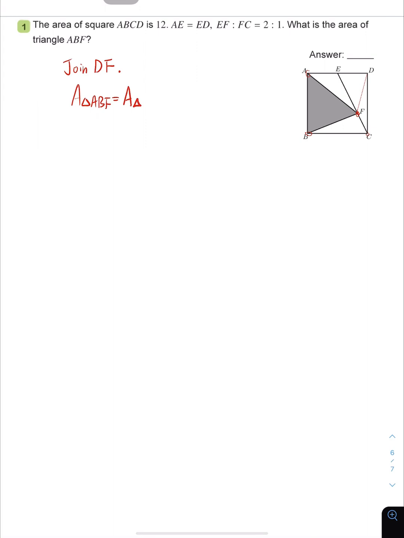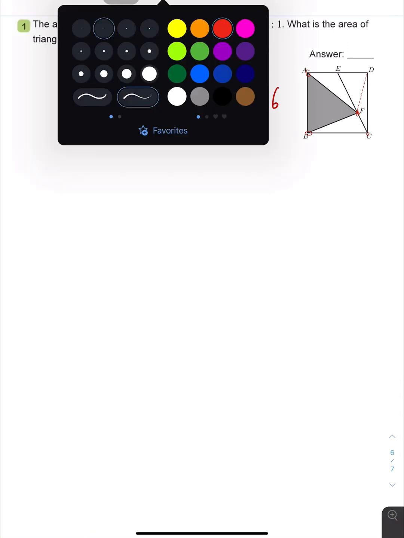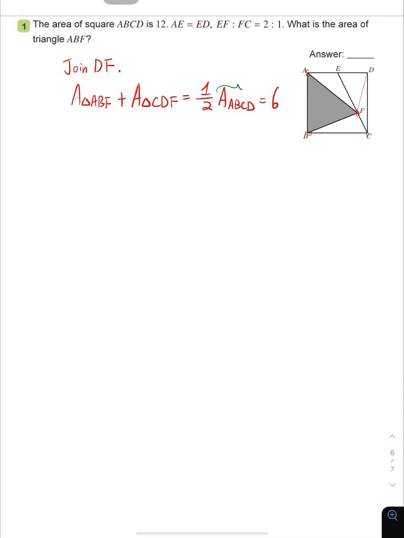And now we can see that the area of triangle ABF, adding the area of triangle CDF, is going to be equal to a half of the area of the square ABCD. Right? So it's going to be equal to 6, of course, because the area of ABCD is 12, right?